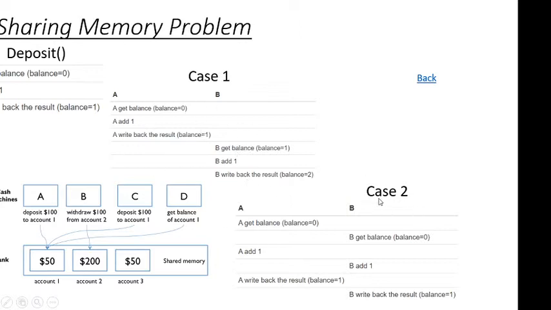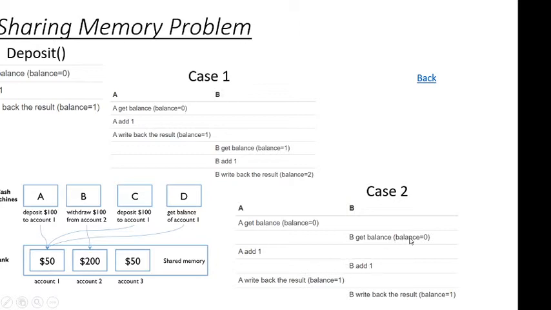What if it ran something in case 2? A gets the balance, which is 0. At the same time, after some time, B also reads the balance and balance is 0. So both of them have their balance variable equal to 0. Now A says, okay, please add 1 to my balance variable. So he adds 1 to his balance variable. The balance variable in A is 0, so 0 plus 1 is 1. Then B also adds 1 to his balance variable.